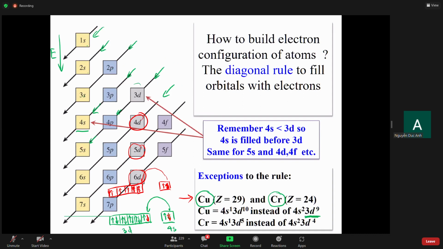Even though 4s has a lower energy level compared to 3d, normally in electron configuration you still write 3d before 4s. So you can write down 3s2 3p6 4s2, and then you fill the electrons here. It's okay.